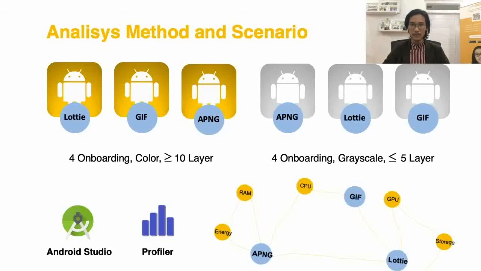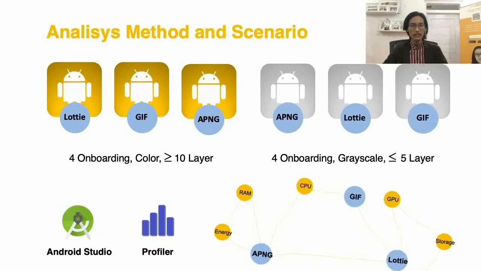This is our scenario for research. We built 6 Android applications, and each application uses a different animation asset file type. The first 3 applications are used for onboarding with a colorful design and a total of more than 10 layers.